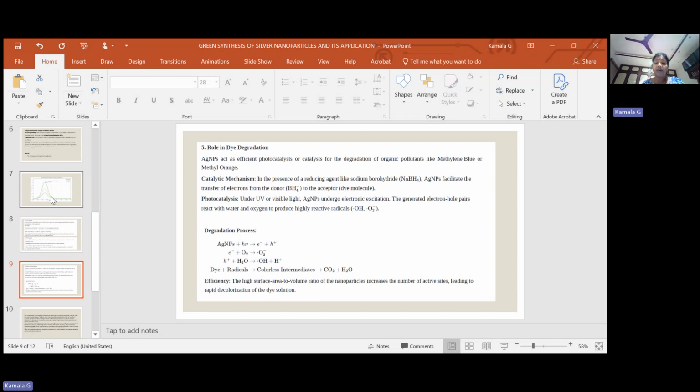These radicals interact with the dyes and convert them into colorless intermediates. Further, CO2 and H2O are liberated. The high surface area to volume ratio of the nanoparticles increases the number of active sites and improves the decolorization of the dye solution. This is one of the applications explained in the lab.